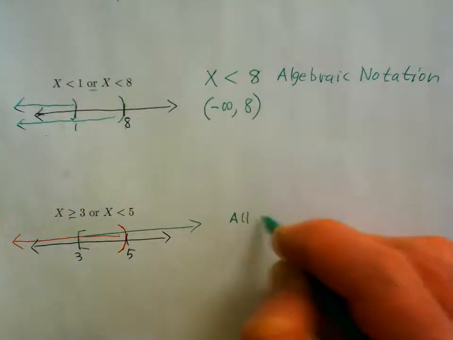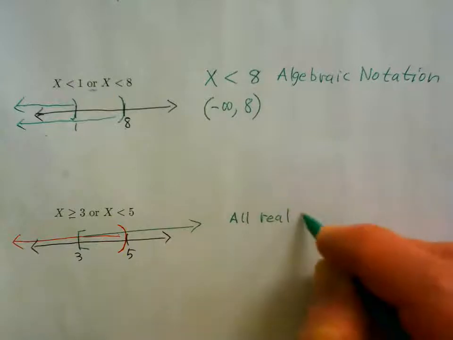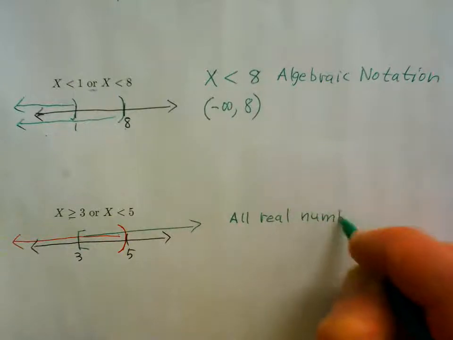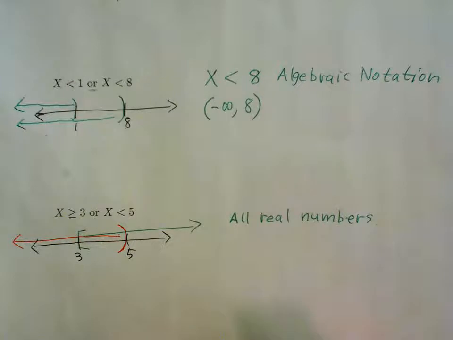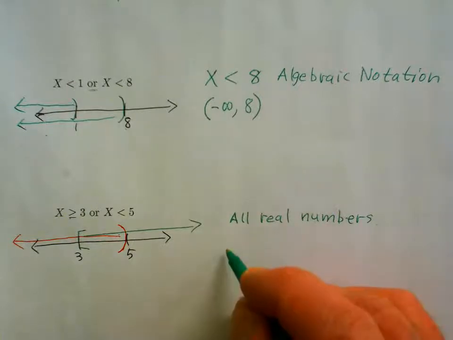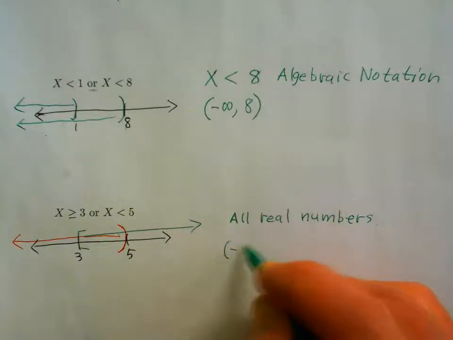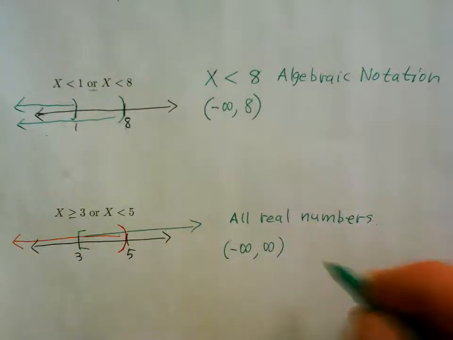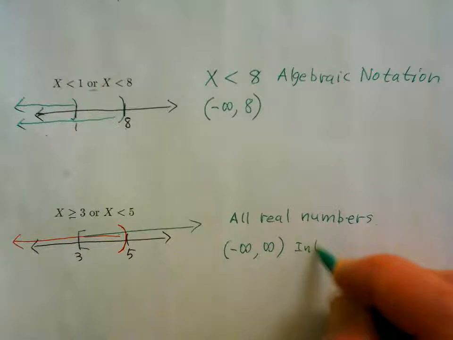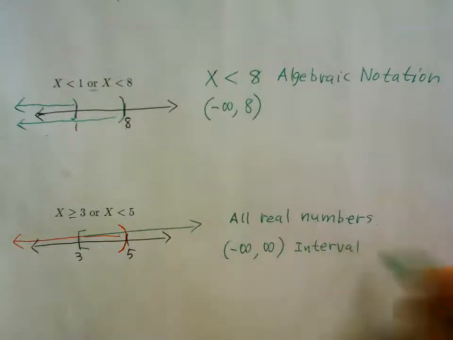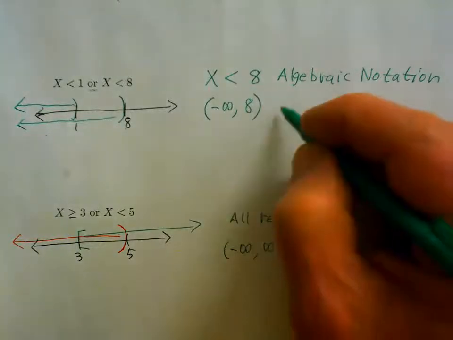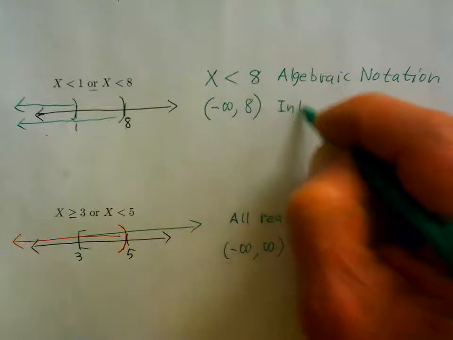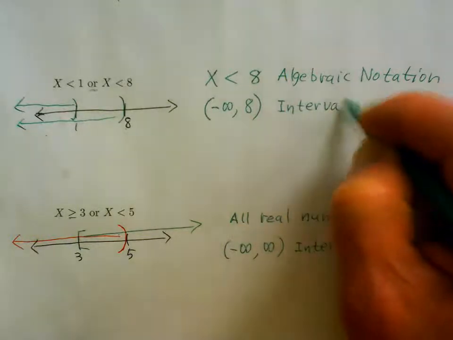So all real numbers. And in interval notation, it's parenthesis negative infinity comma infinity parenthesis. So this is the interval notation. So in the previous example, I failed to label this as the interval notation.